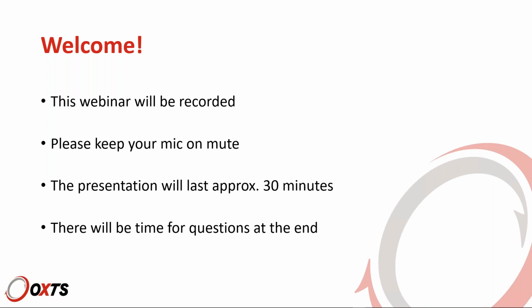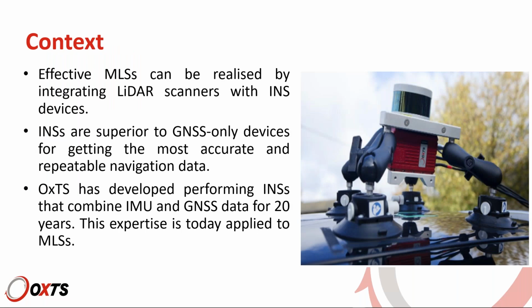Thanks, Paris, and welcome everyone to our webinar on factors that can affect the point cloud accuracy. A bit of context at the very beginning. As you know, it is possible to realize some very effective mobile LiDAR scanning systems or mobile mapping systems by integrating LiDAR scanners with INS devices.